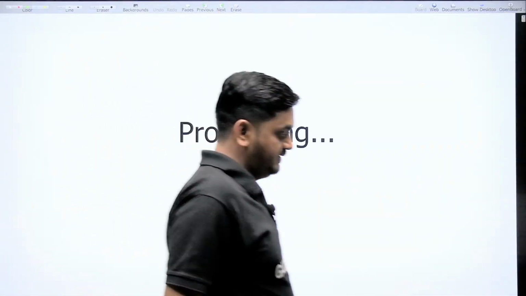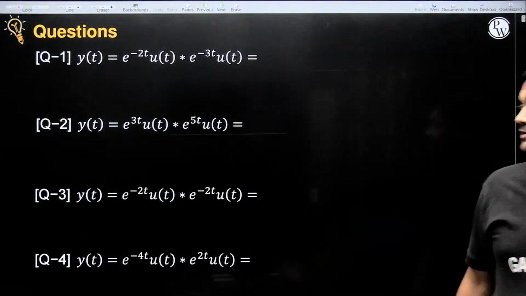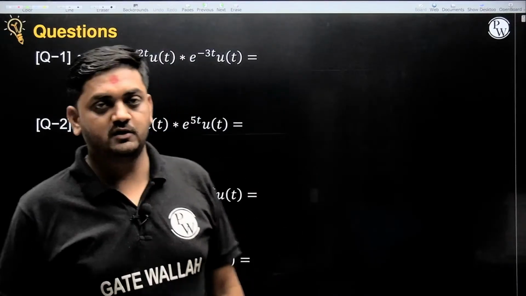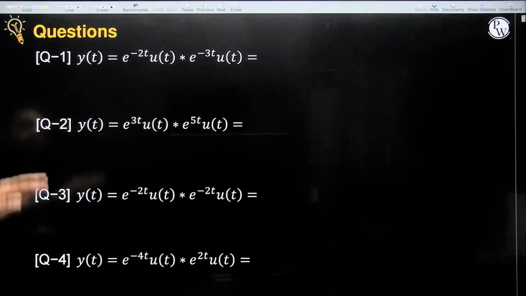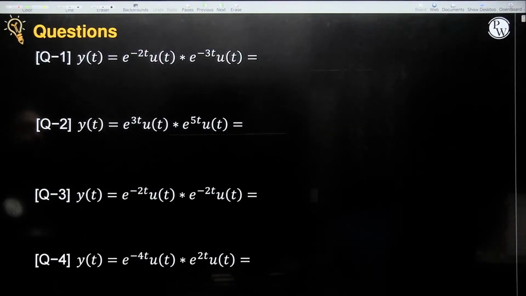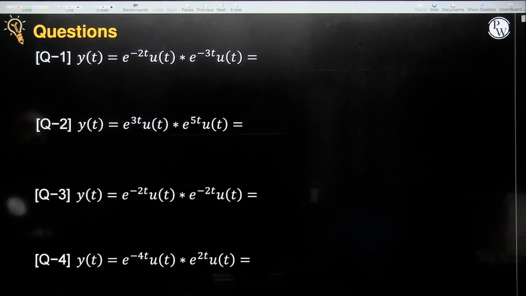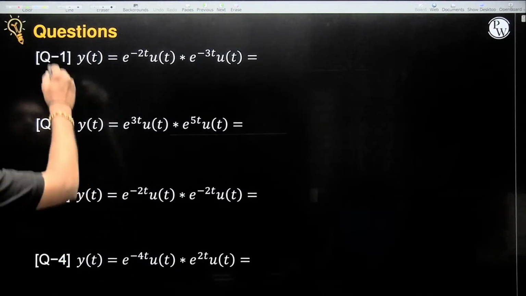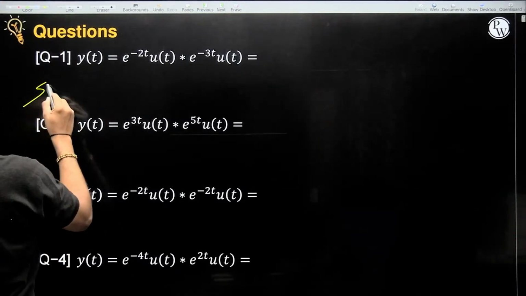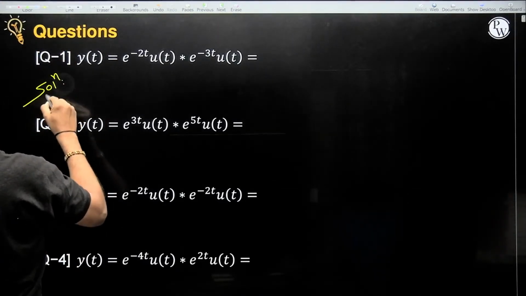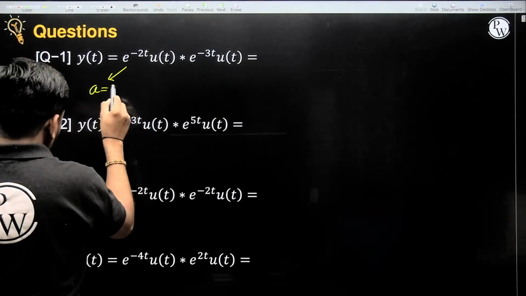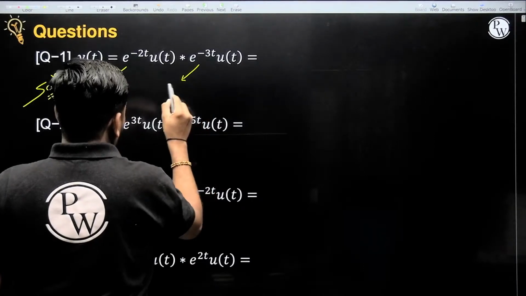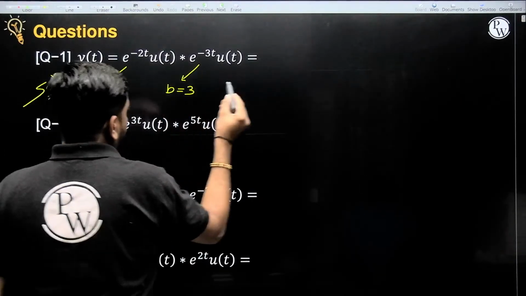Okay. Next see here. Now let us solve some questions based on the previous results. See, you have to always remember the standard format. So first question: y of t is equal to e power minus 2t u of t convolution with e power minus 3t u of t. What will be the correct answer? So here a is equal to 2, and here b is equal to 3.